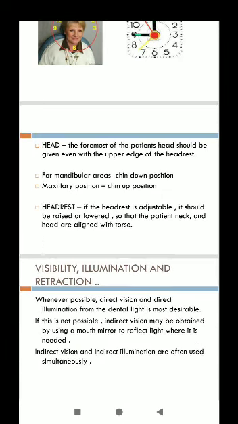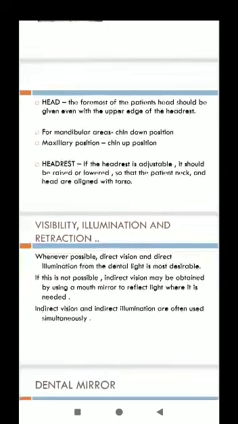Coming to the visibility, illumination and retraction. After positioning of the patient comes visibility, that is how you will look into the patient's mouth. Illumination means the light which is taken from the dental chair, and then the role of retraction.